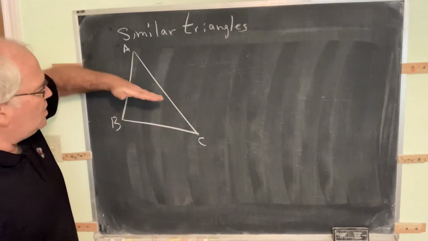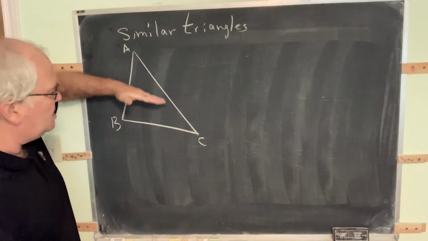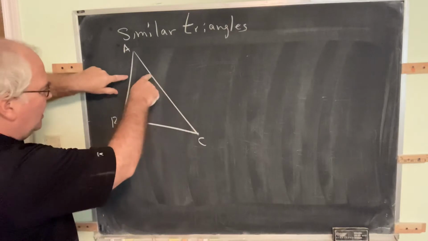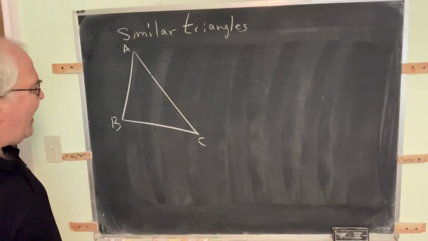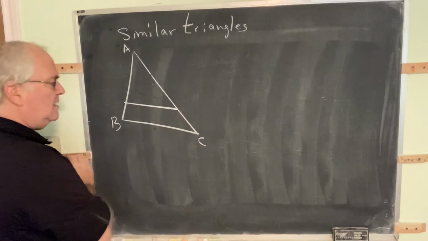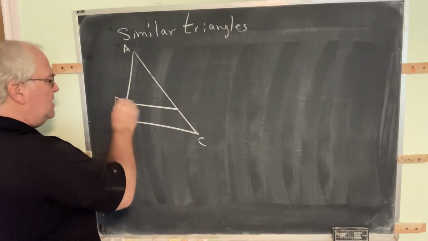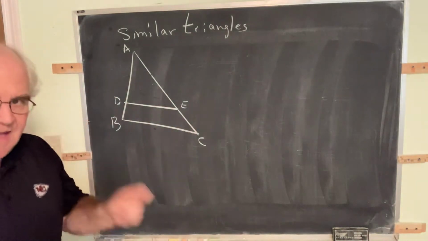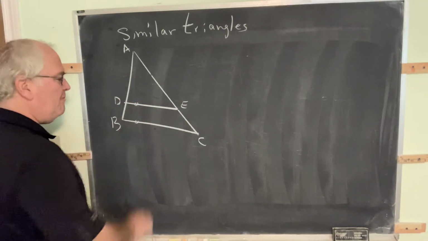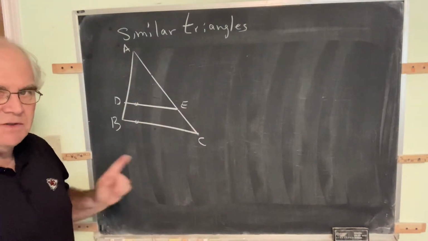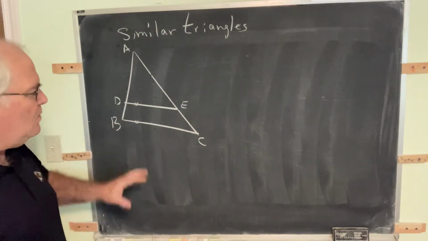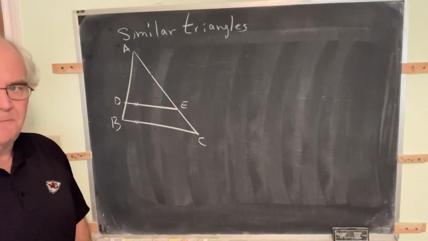If you connect two sides of a triangle, any two sides, with a segment, let's just pick here, and let's call this D and E. If it is given that these sides are parallel, then we know these triangles are similar.